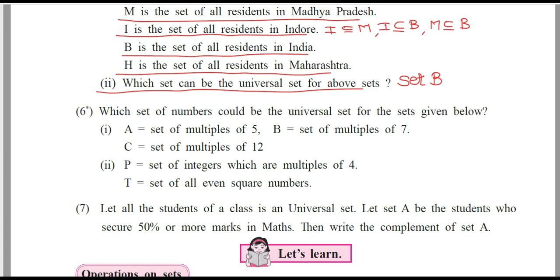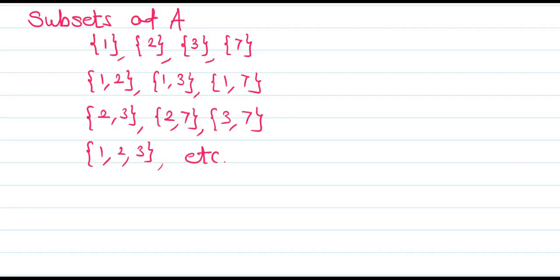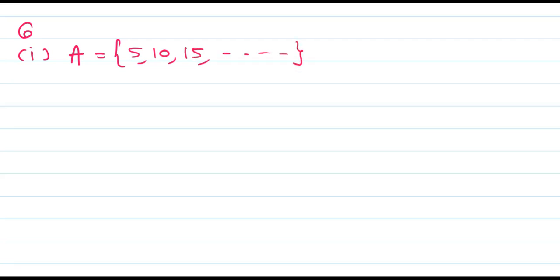Now the question number 6. Which set of numbers could be the universal set for the sets given below? That is, a capital A is equals to a set of multiples of 5, B is a set of multiples of 7, C is a multiples of 12. Now see this, the set A is equals to, in curly bracket, 5, 10, 15.